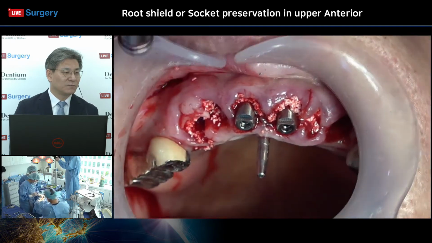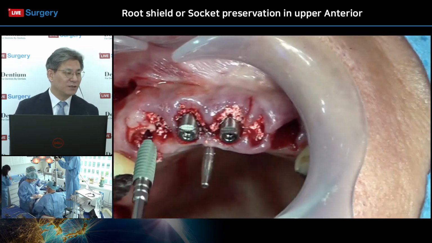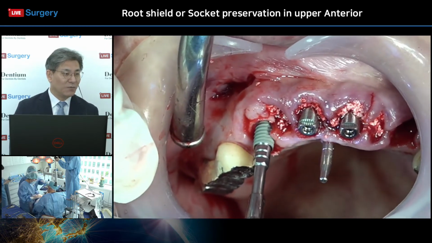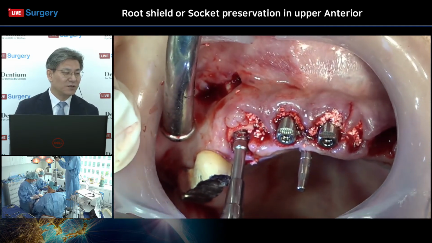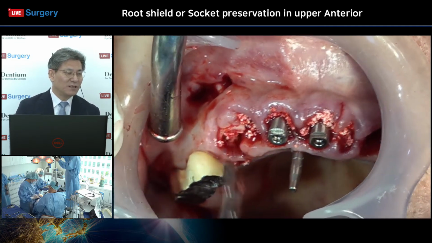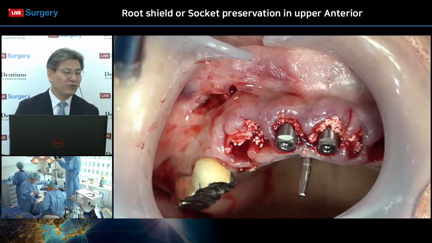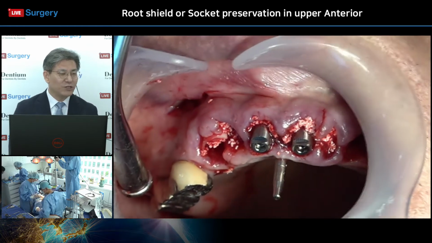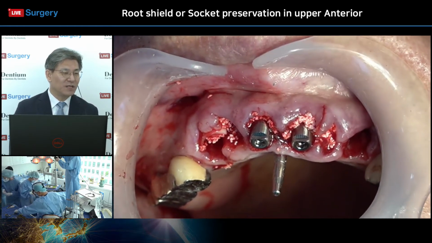4.0, 11 millimeters. Yeah, 4.0, 11 millimeter. This one is bone level, right? The previous one was tissue level, and this one is bone level. This Prime system is very interesting. It's just the same drill condition. We can choose bone level or tissue level, it doesn't matter.